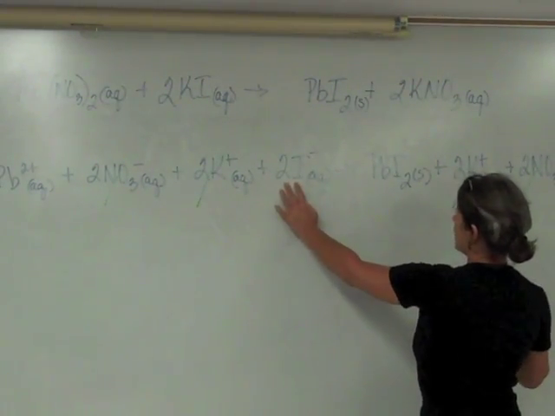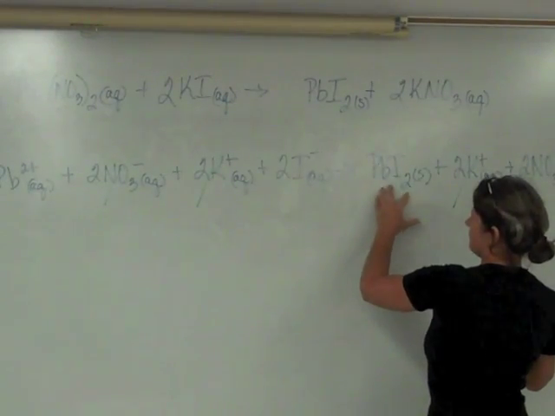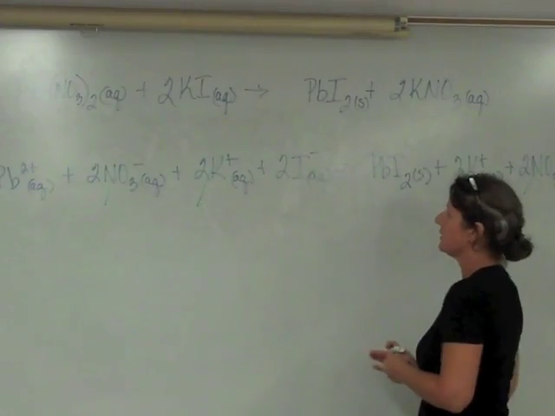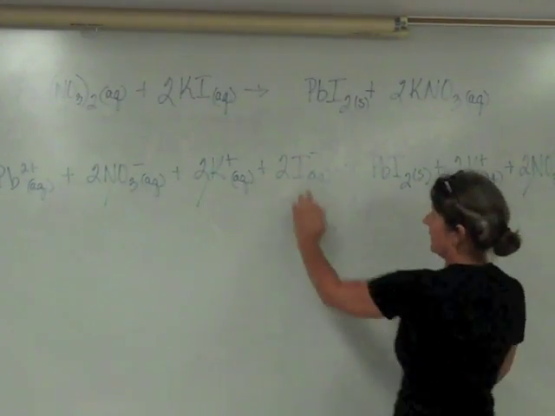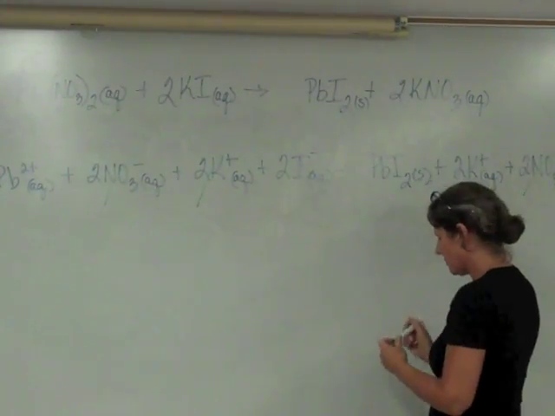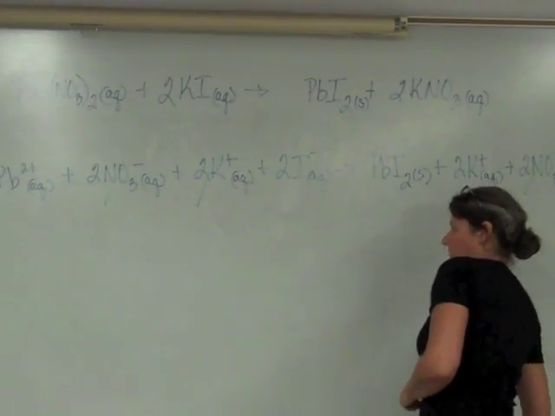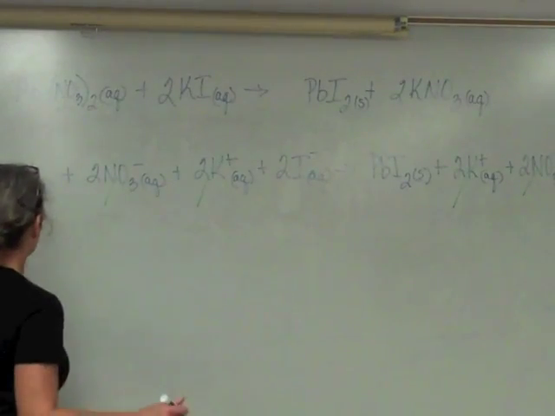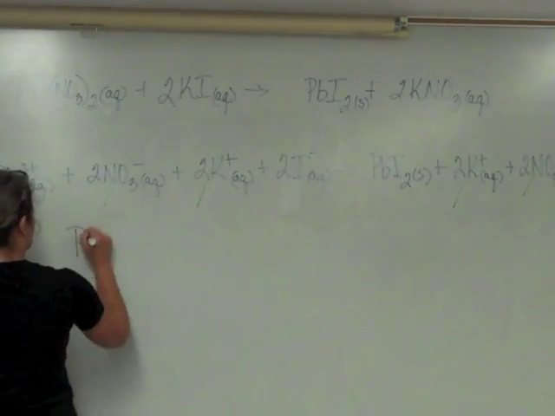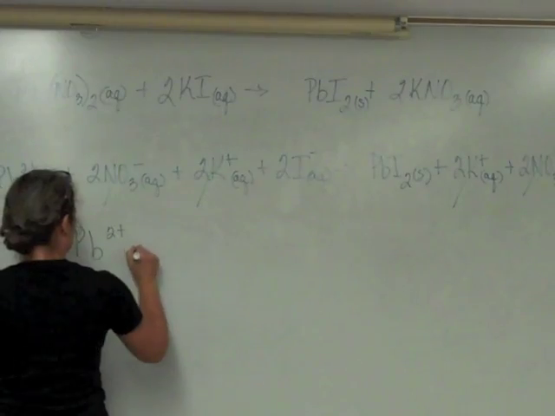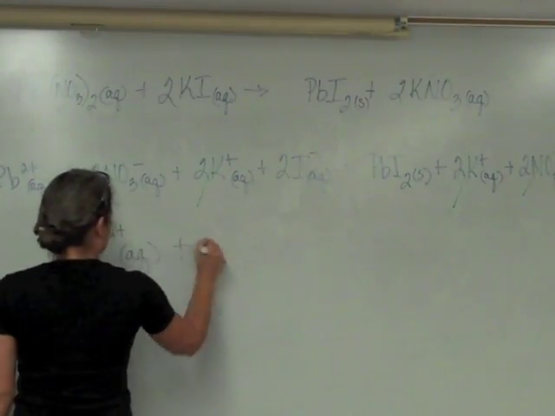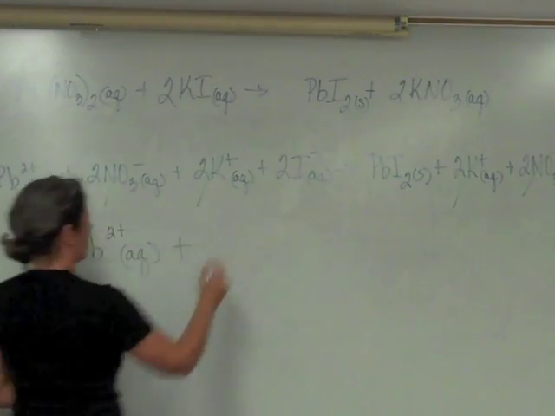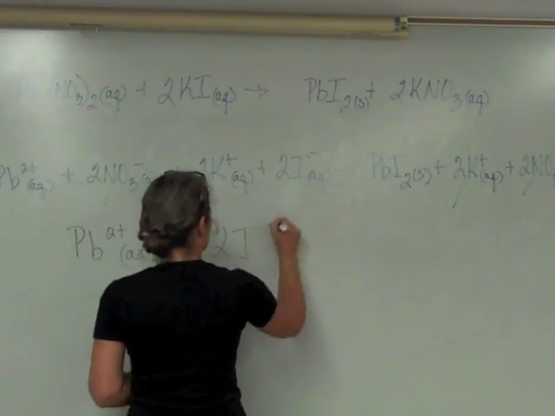2 iodides, but they're actually forming something. Okay, something that is not spectating. This thing actually got bound up by lead. Okay, so our net ionic then is everything that's left over. We have lead 2, Pb2+, aqueous, is going to react with, those 2 are spectating, we don't even want them in our net ionic, 2 iodides.